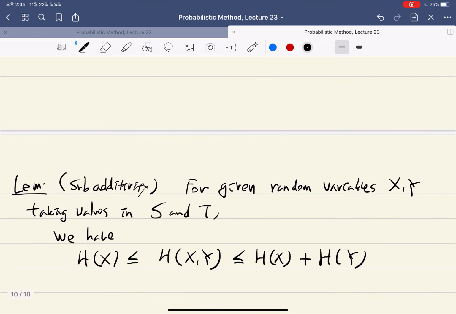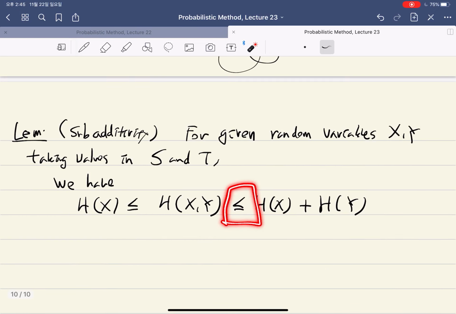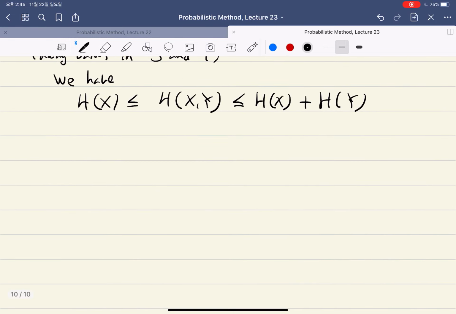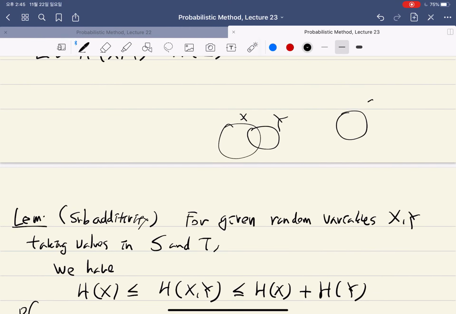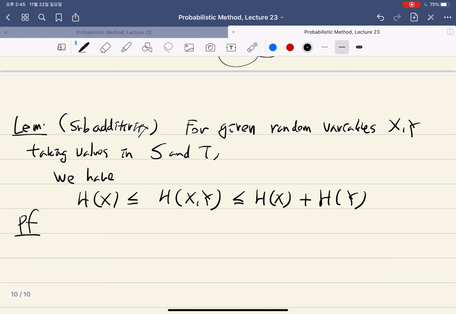As I mentioned before, x carries this much information and y carries this much information. Some of the partial information that y carries could already be known, so we must have this. And even if y doesn't give anything new, the information that we have should still be at least as large as x alone.